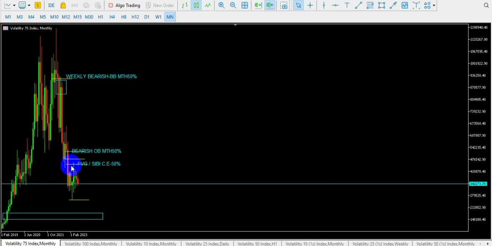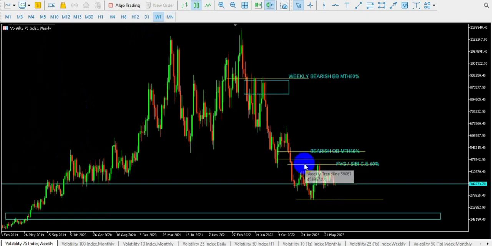For this CB on the weekly time frame, I'm talking about this one, the calculation we did here. So now I'm expecting that price is likely to drop into this monthly buy side imbalance, sell side inefficiency.